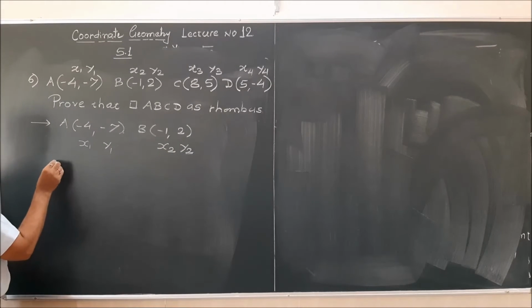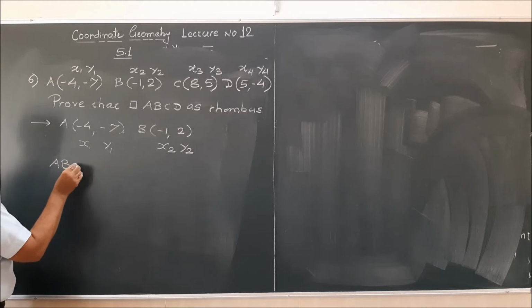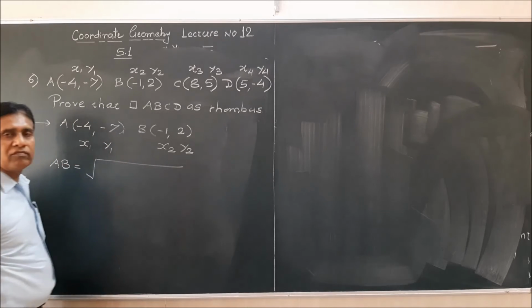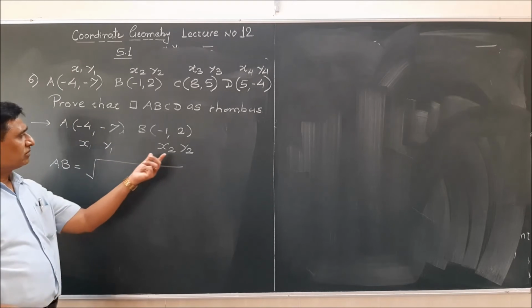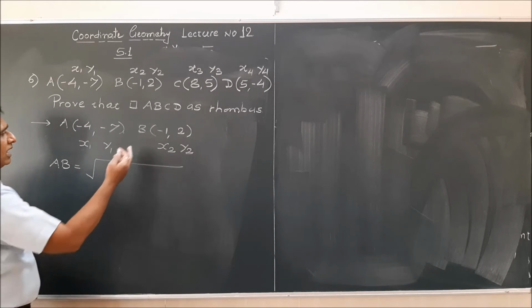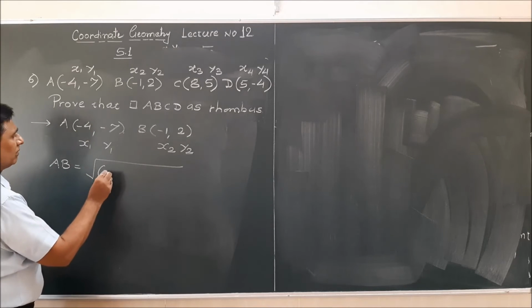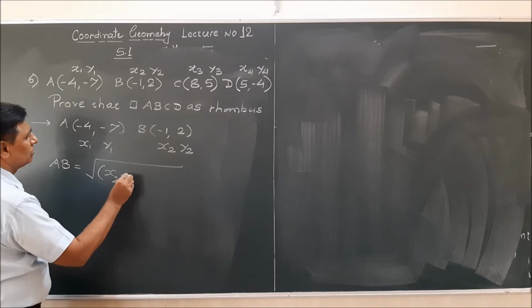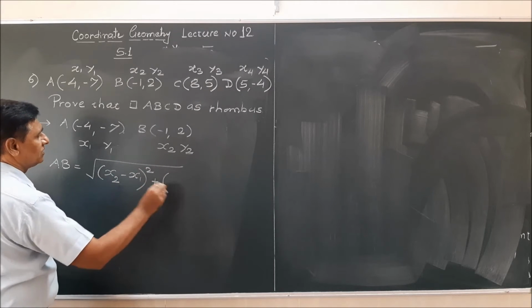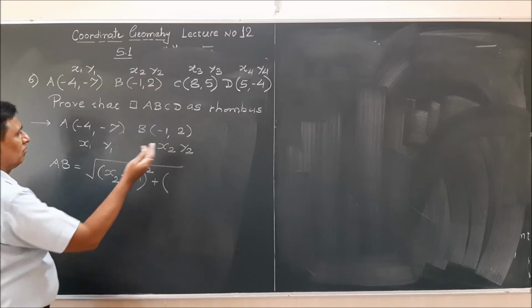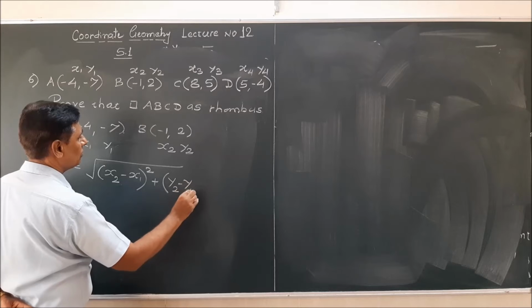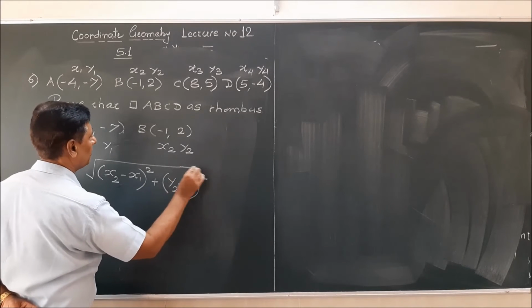Now distance AB, by the distance formula, distance AB is equal to root of (x2 minus x1) the whole square, plus (y2 minus y1) the whole square.